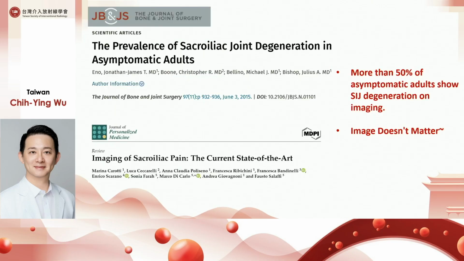More than 50% of asymptomatic adults show SI joint degeneration on imaging. There are many imaging experts here today, but when it comes to the SI joint, imaging doesn't matter.